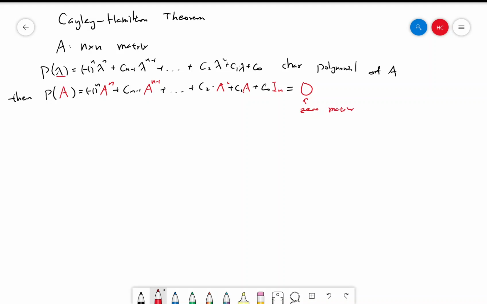So let's do a proof just for a special case. Let's do the proof for the case where n equals 3 and A is diagonalizable. So A is a 3 by 3 matrix, and we assume A is diagonalizable.